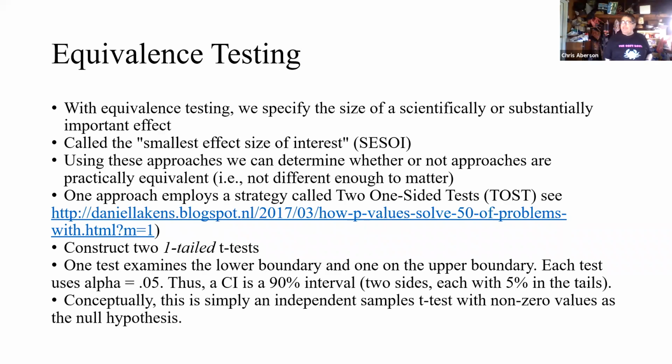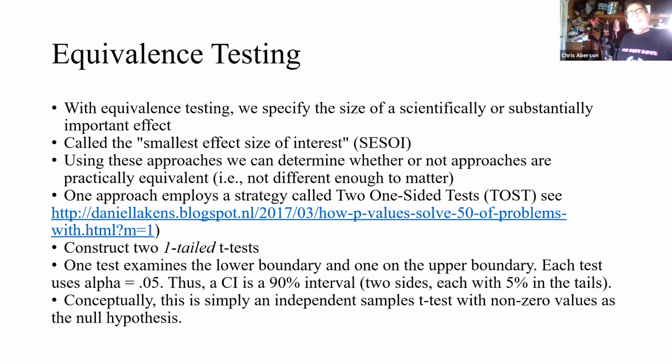One approach is called equivalence testing. With equivalence testing, we can specify the size of a scientifically or substantially important effect, or what I called a meaningful effect. Here it's commonly called the SESOI, the smallest effect size of interest. And we can use these approaches not to get at statistical significance, but to get at what we're defining in terms of practical significance. Is the effect big enough to matter?